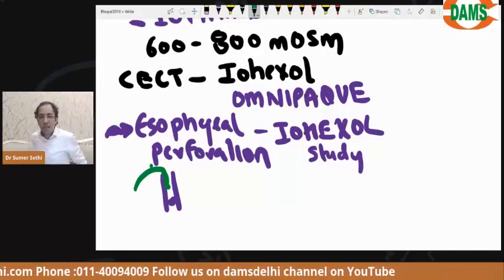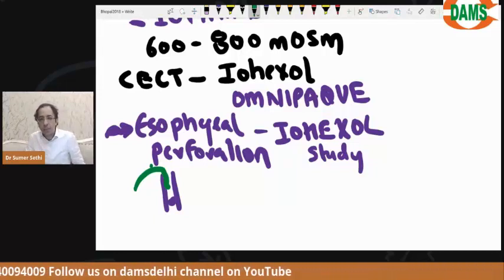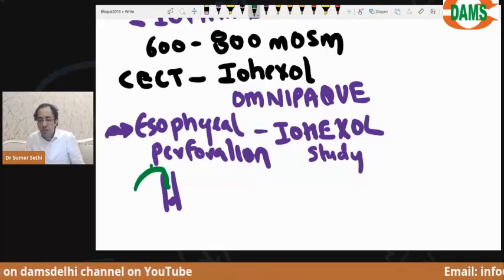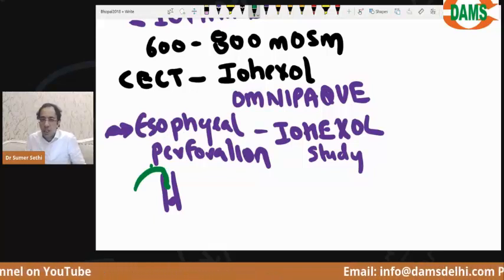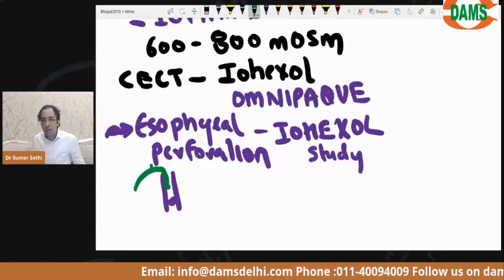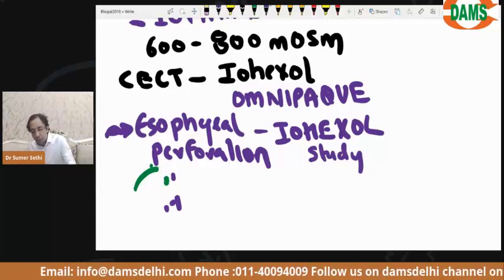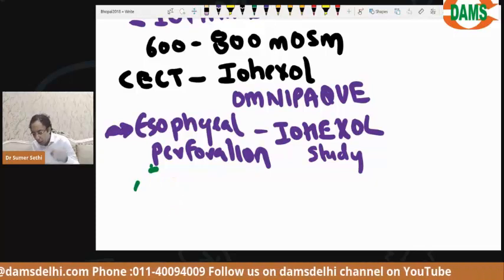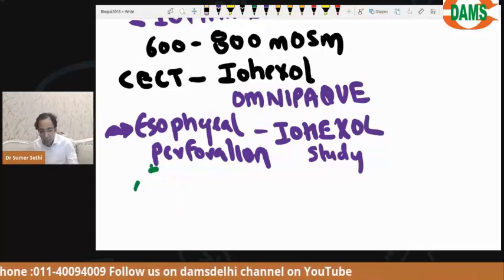What will happen if gastrographin goes into the lungs? Tell me. It will pull water towards it and you will develop pulmonary edema. So that is why in the esophagus, because it is a thoracic location, there is a risk of aspiration.